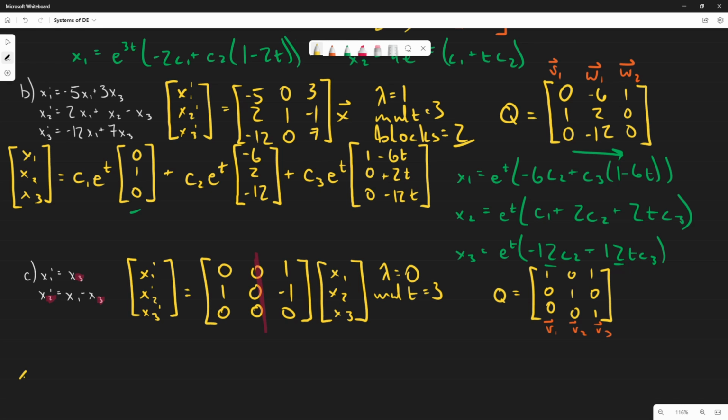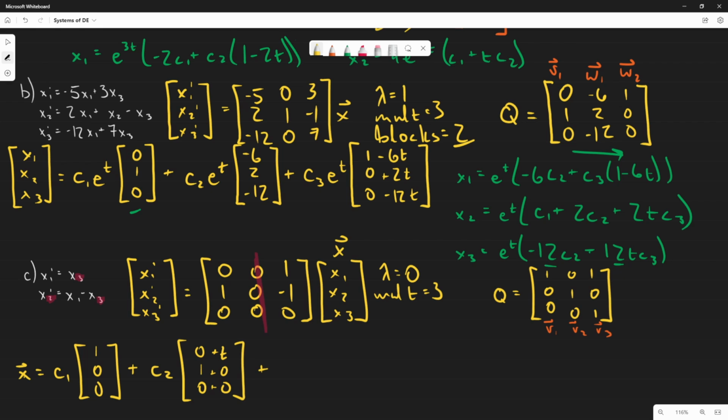So our solution, column vector x, is going to be equal to c1 e to the 0, so it's just 1, so it'll be c1 multiplied by 1, 0, 0, plus c2 multiplied by v2, so it's going to be 0, 1, 0, plus t times v1, so this would just be plus t, and then plus 0, plus 0, and then c3 multiplied by v3, so 1, 0, 1, plus t times v2, so it's going to be plus 0, plus t, plus 0, and then plus t squared over 2 factorial times v1, so this would be t squared over 2 factorial plus 0 plus 0.